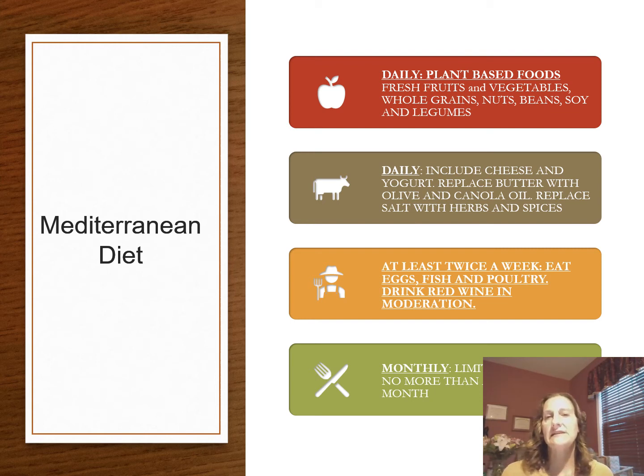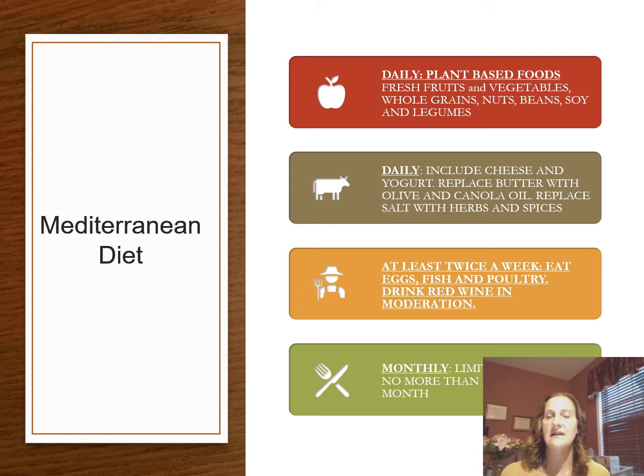The Mediterranean diet does include plant-based foods, fresh fruits and vegetables, the dried peas and beans, legumes, lentils. It does also include daily consumption of cheese and yogurt. They don't use a lot of salt. They use a lot of herbs and spices, especially being Italian.